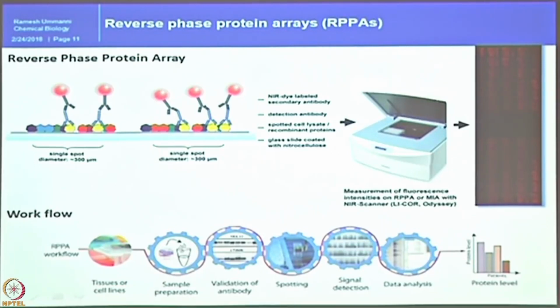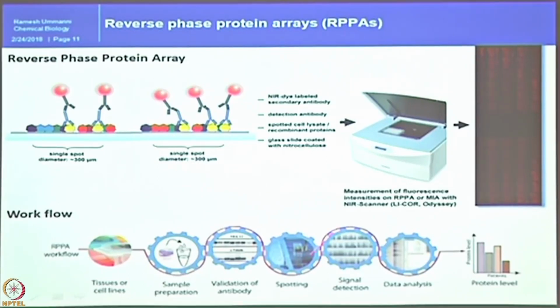Here is a complete workflow. I will walk through this complete workflow in the next 1 hour, step by step. First are tissues or cell lines, what kind of samples can be analyzed, what are the different methods to apply for sample preparation, and then how to choose antibodies, what steps to take care of while selecting the antibodies for RPMAs, and how to avoid issues later on.